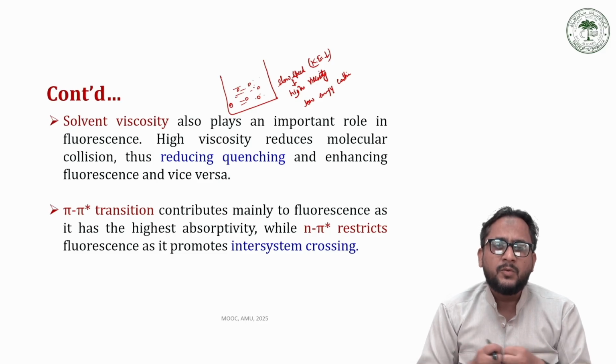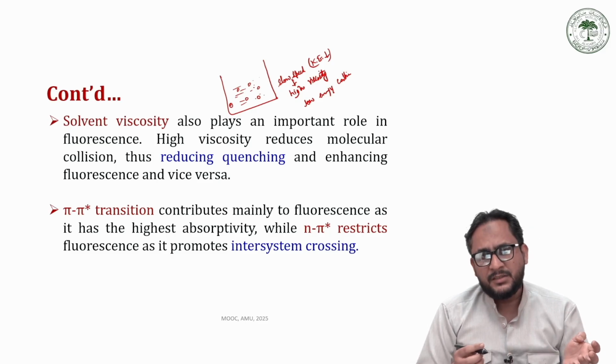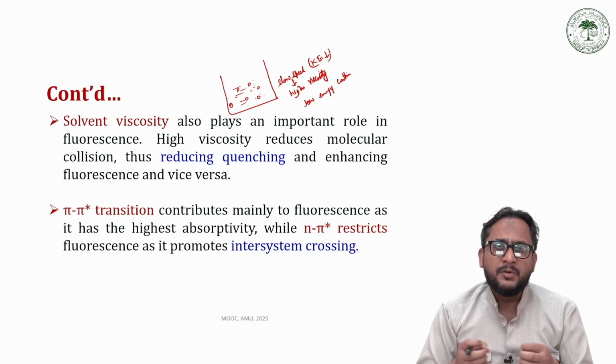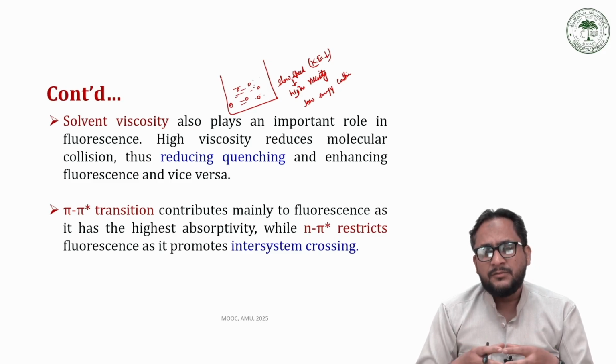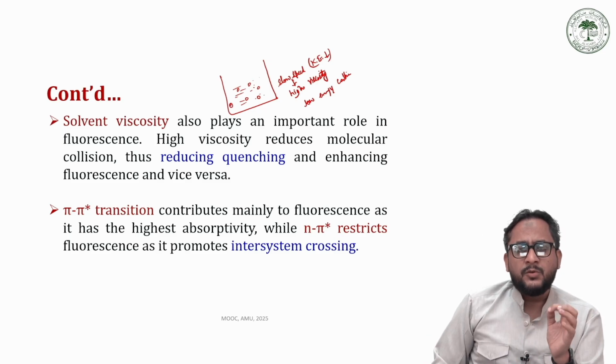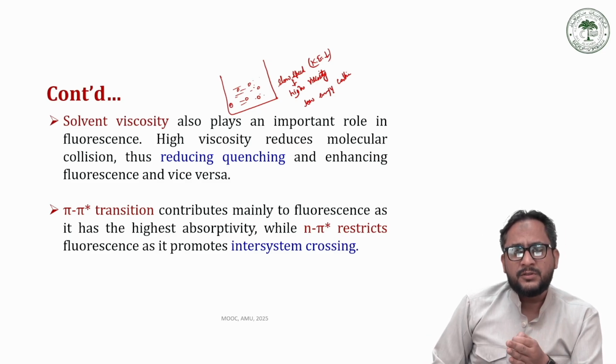There will be no transfer of energy from the excited species to a species in the ground state, and there will be no reduction in the fluorescence intensity. So a solution with high viscosity favors fluorescence because it reduces molecular collision.